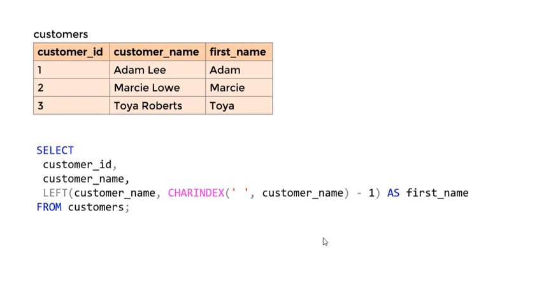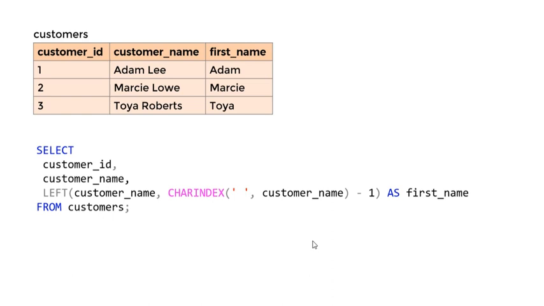That position it will give. CHARINDEX gives the position, the LEFT function gives the string value, up to which position. So I want the position of the space, right? In this way you can extract the first name from the customer name, right?